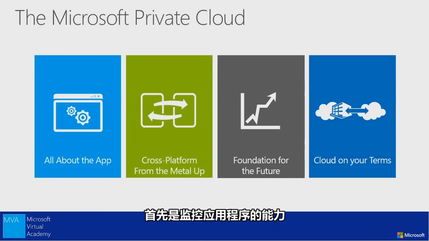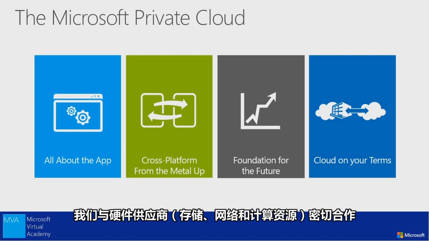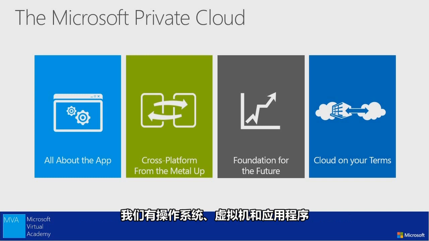First of all is our ability to monitor applications. With Microsoft, we have the advantage that we're throughout the stack. We work so closely with our hardware vendors, storage, networking, compute. We then have our operating systems, our virtual machines, and our applications. But to really have an efficient system, you need monitoring throughout the stack.